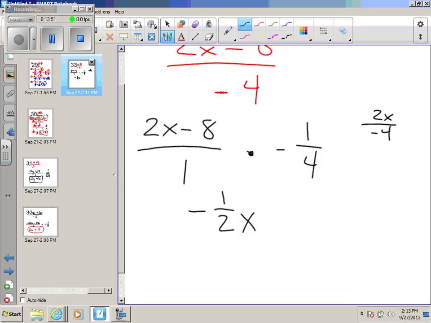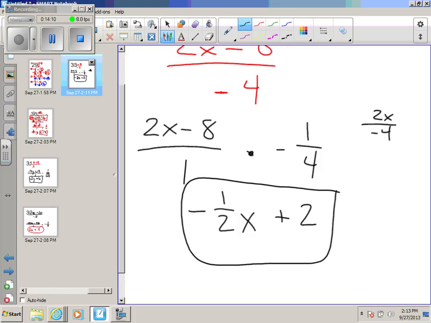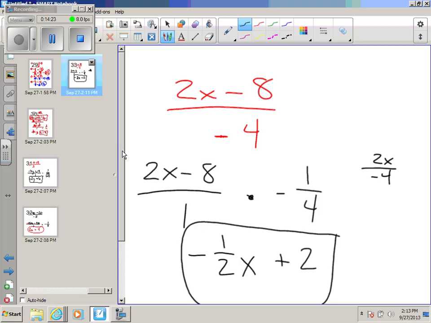Negative 8 divided by the negative 4. Negative 8 divided by negative 4. 4 goes into 8 how many times? There it is. You may choose to keep it as is and simplify from there.